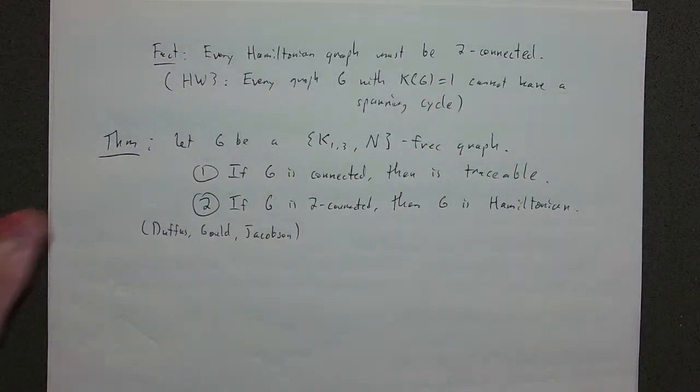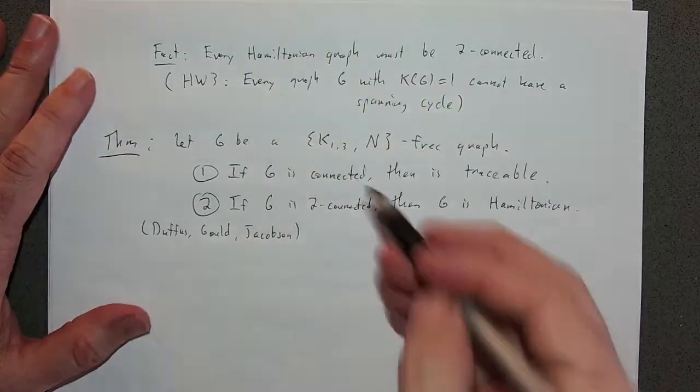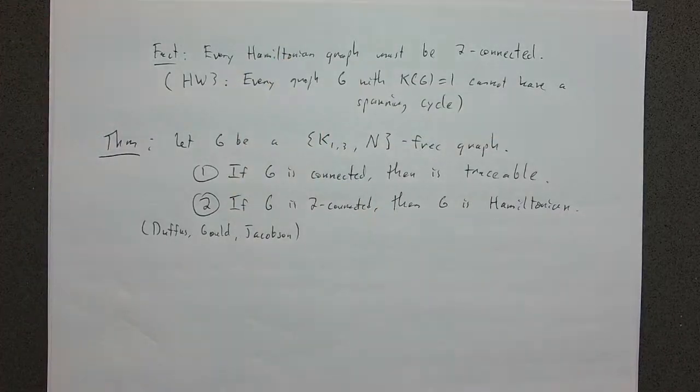So the claw showed up in both of these forbidden subgraph results. You might immediately notice that one of them involved this forbidden subgraph Z1, another involved this forbidden subgraph N, but the claw was actually in both of these results, right?